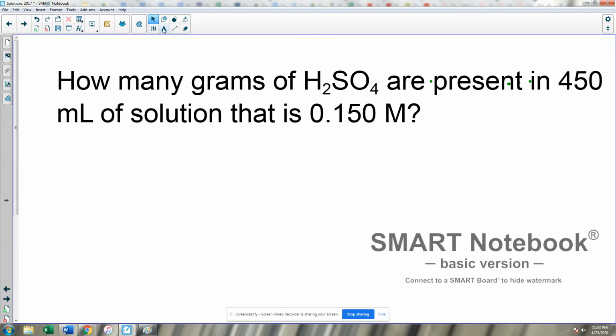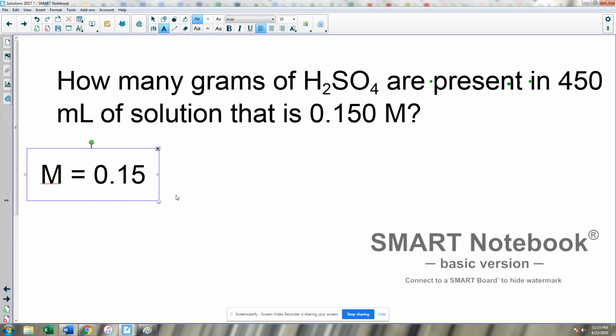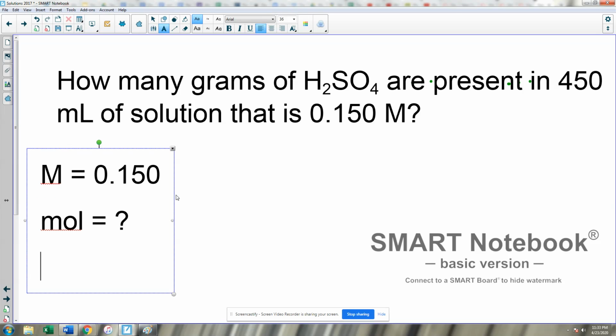Okay, so in this case, we'll think about what we know and what we don't know. We know the molarity is 0.15. We know the number of moles. Well, actually, we don't know the number of moles. That's what we're going to have to find first.